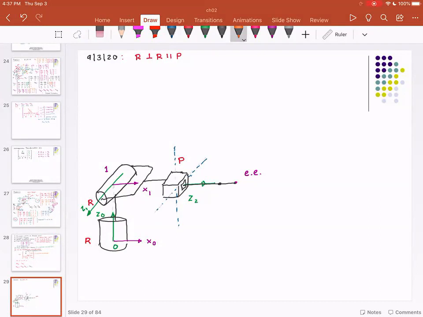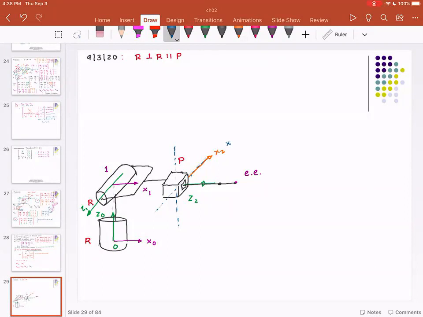So think about it. If I place my x2 somewhere here, x2 is perpendicular to z2, x2 is not perpendicular to z1. Do you agree with me? Which means this is not an ideal situation.